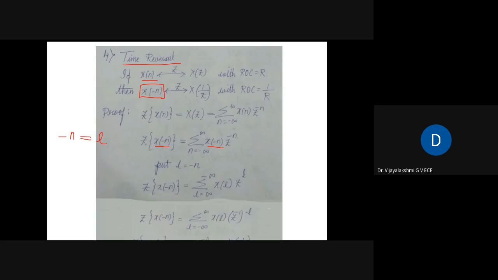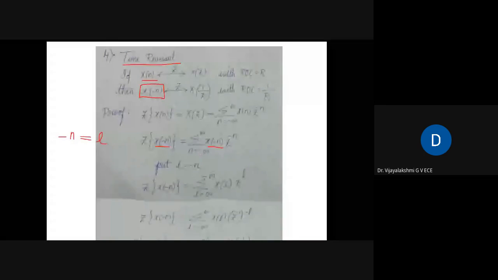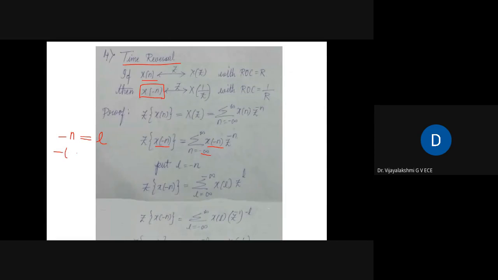Now as per this equation, what was the old lower limit? Minus infinity. So if I put n equal to minus infinity, minus of minus infinity, L becomes equal to plus infinity. Now what was the upper limit for n? Infinity, right? So if I substitute n equal to infinity, L becomes minus infinity.